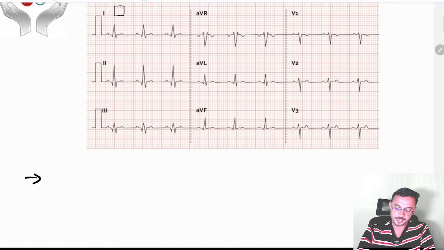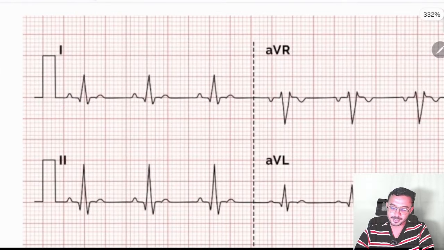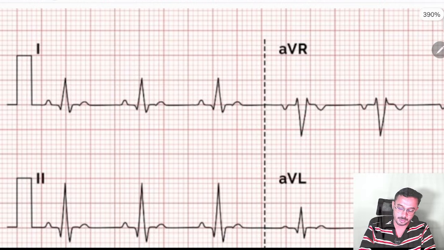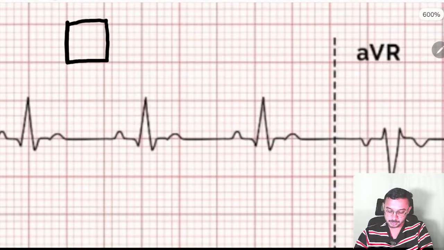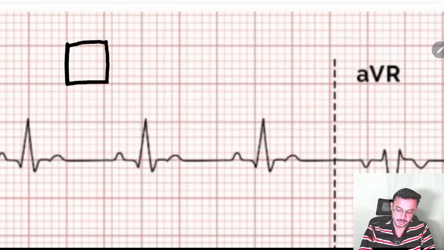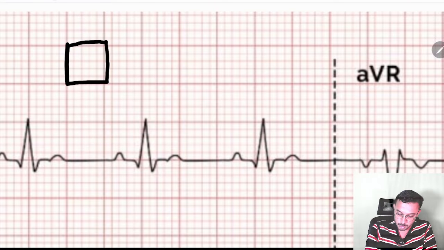Let me teach you some basic concepts in the ECG. If you take the ECG strip here, this is a large square. Let me zoom in. Inside the large square there are some small squares. How many small squares are there? 1, 2, 3, 4 and 5.